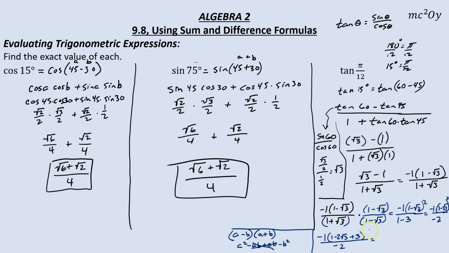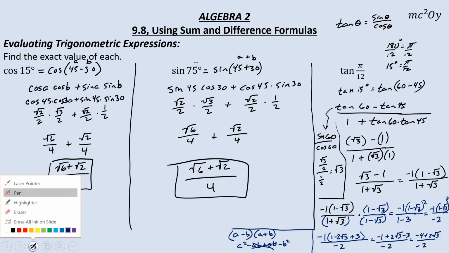Which ends up giving me negative 1 plus 2 root 3 minus 3 over negative 2. Negative 1 minus 3 is negative 4. Negative 4 plus 2 root 3 over negative 2. And that ends up canceling, and I get my final answer when I do some reducing here.